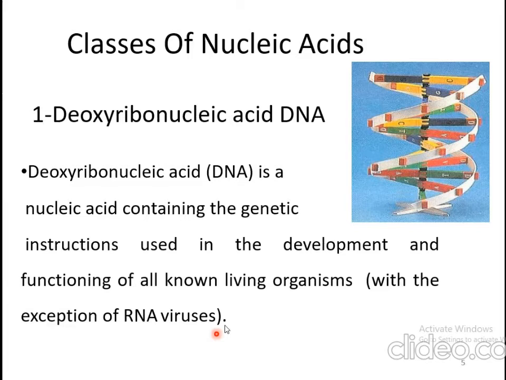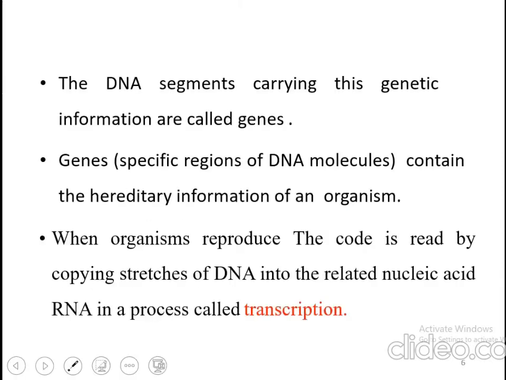You can see the spiral structure of DNA in this picture. The DNA segments carrying this genetic information are known as genes. Dear students, DNA is present in the chromatin material, in chromosomes.